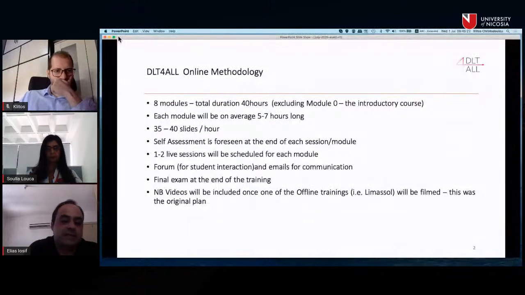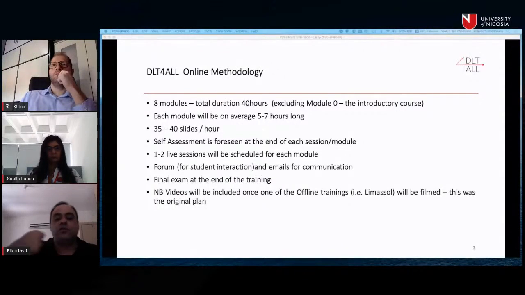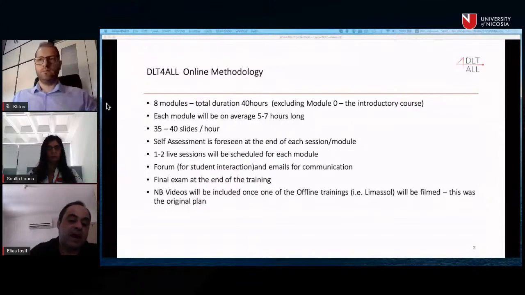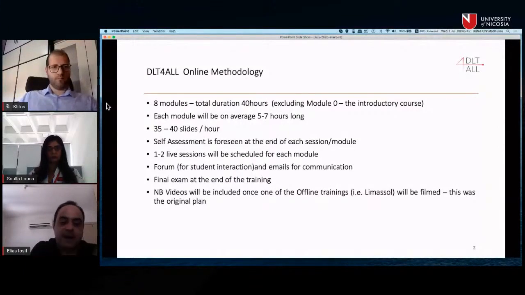an optimized course needs to have a well-balanced combination of two basic things: good, excellent material, which is presented by the instructor, in combination with engaging discussion with the students. The 35 to 40 slides per hour refers to the first part of this two-factor equation.